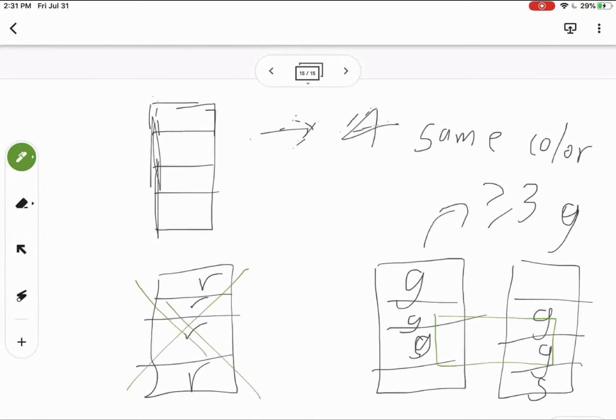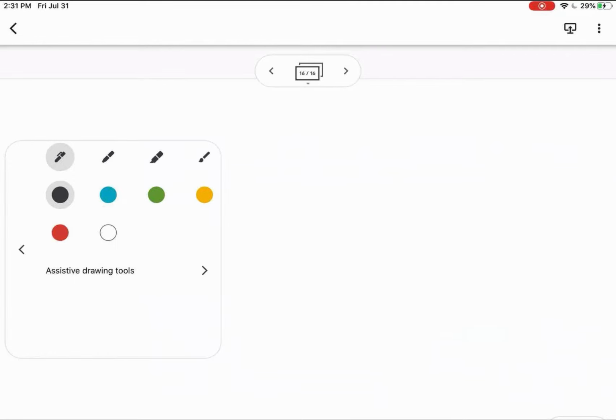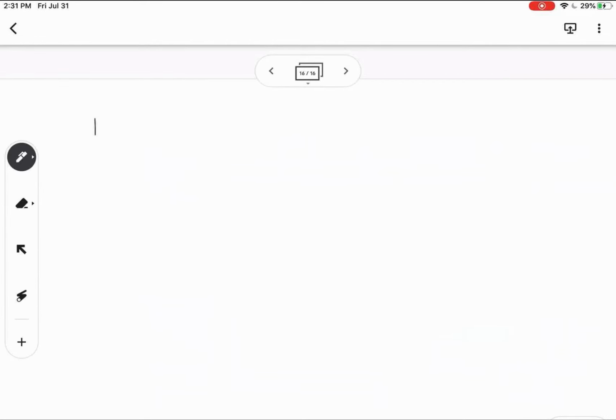So you cannot have a column with everything the same color, and you cannot have two columns with 3 greens. Let me write that. Not a column with 4 same color.